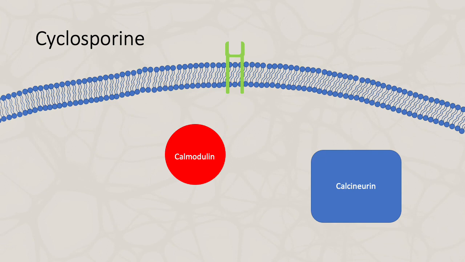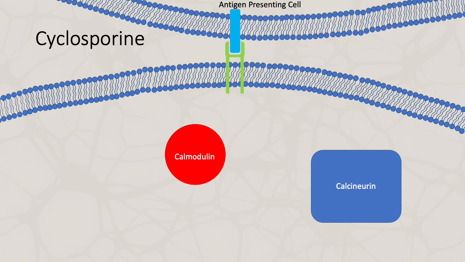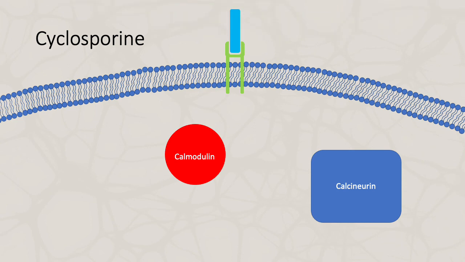Before we discuss cyclosporine, we will first discuss some of the physiology of T cells. Here is a cartoon representation of an antigen-presenting cell binding to a T cell receptor. This will then activate the T cells, which results in a cascade of reactions, the end of which is a release of intracellular calcium ions.